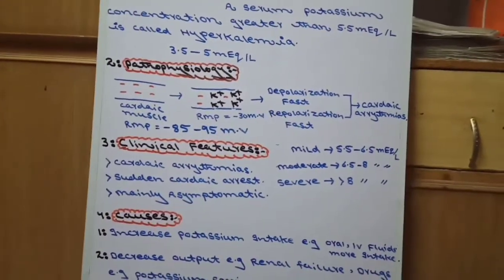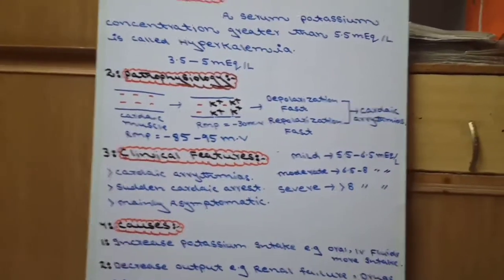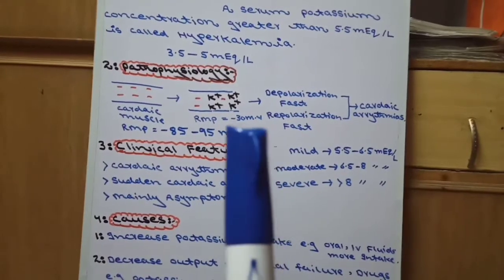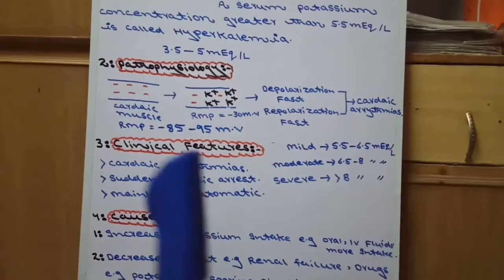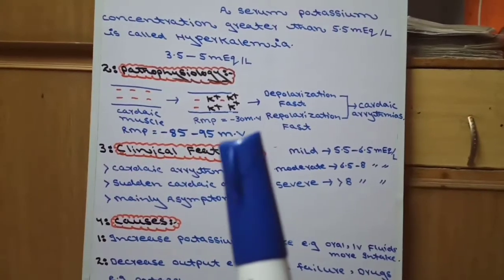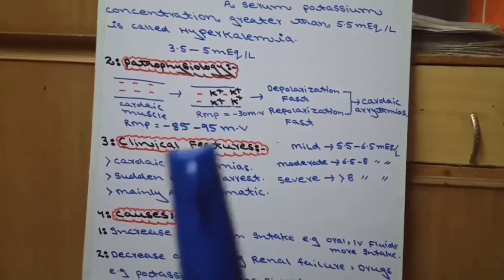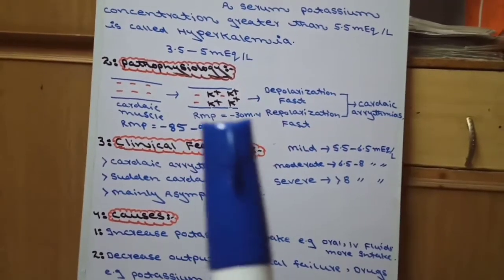It means from more negativity, the resting membrane potential moves toward less negativity, because minus 95 is more negative and minus 30 is less negative.